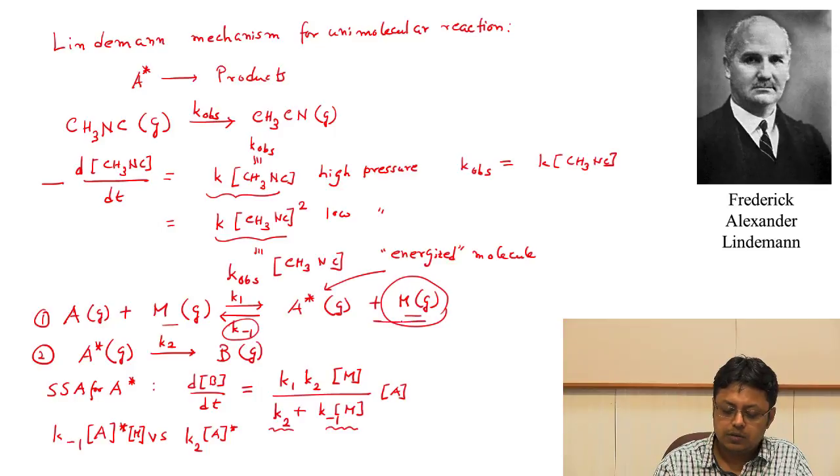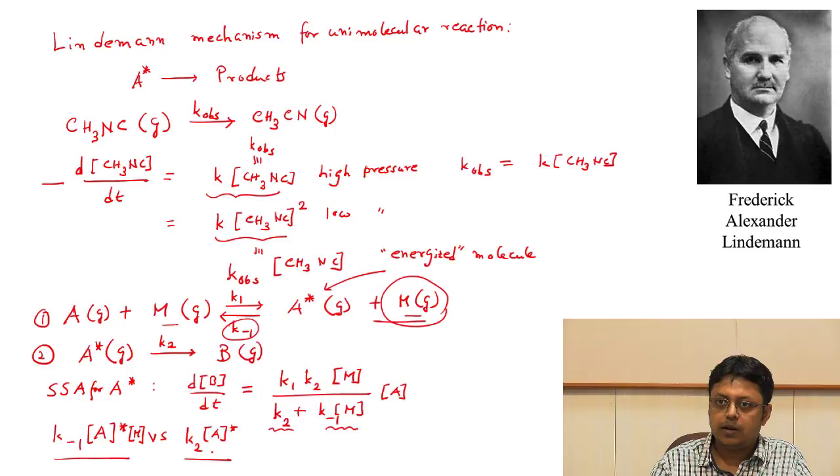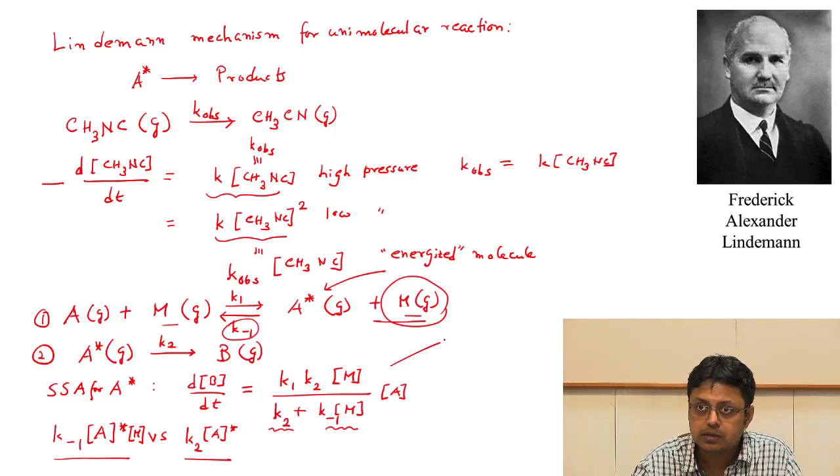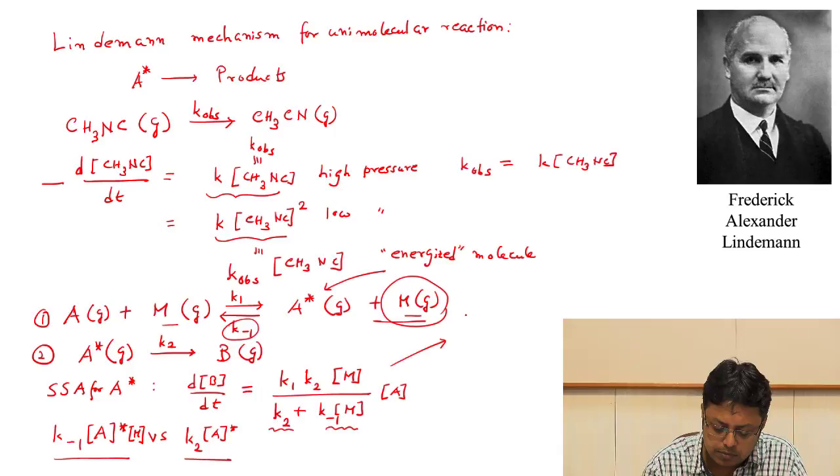So now the question is, which rate is faster? Now you can say at very high pressure, when the pressure is fairly high, the collisional deactivation is much more. So this term will be more than this term.